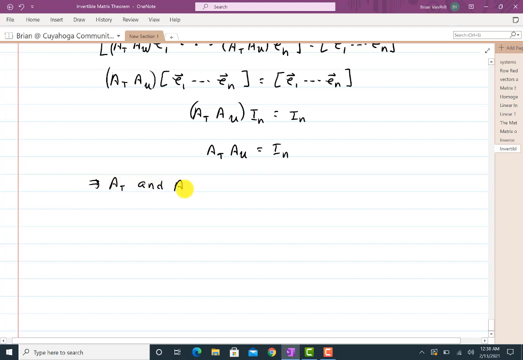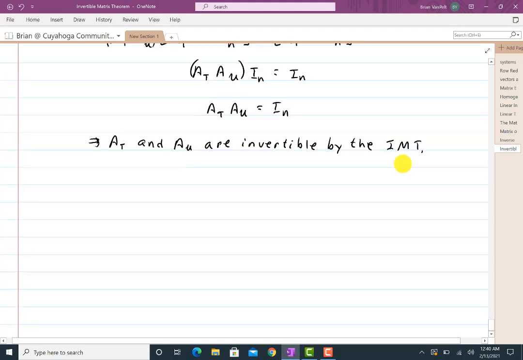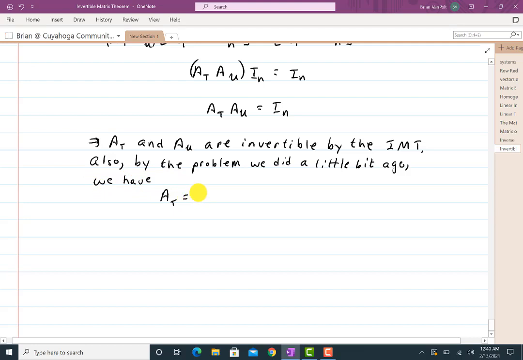Well, then A_T has a right inverse and A_U has a left inverse, so this implies that A_T and A_U are invertible by the invertible matrix theorem. Also, by the problem we did a little bit ago, we have A_T equals A_U inverse and A_U equals A_T inverse.